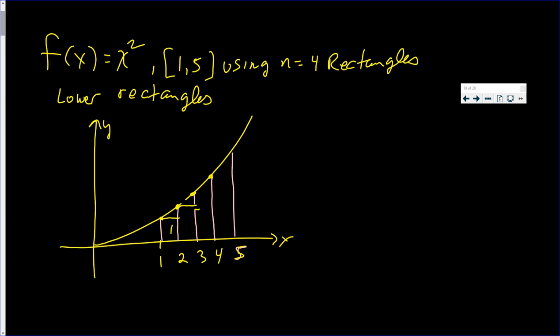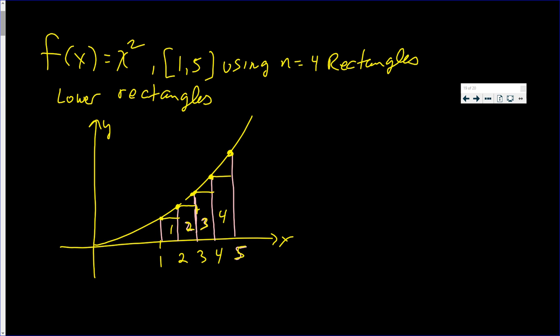And then between 3 and 4, it happens to be that 3 is lower. It doesn't always have to be the left end point. So that's the second rectangle, the third. And then between 4 and 5, f of 4 was the lower one. So there's our 4 rectangles.